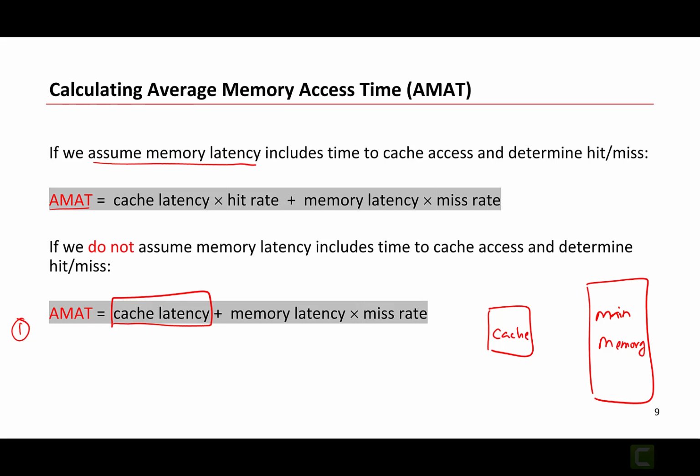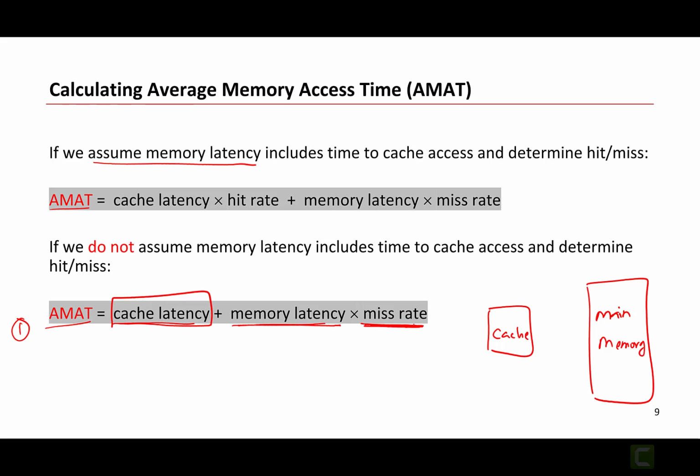But that's of course not true, because for some fraction, which is defined by the cache miss rate, for some fraction of memory accesses, I would have to additionally incur the latency of accessing the main memory. So therefore, the way to calculate the average memory access time is by adding cache latency with memory access latency and multiplying that with the miss rate. That seems fairly intuitive, right?